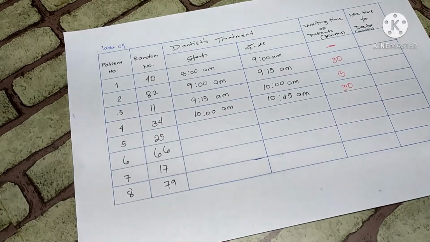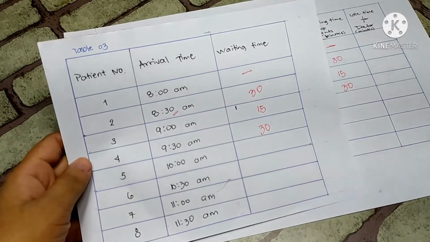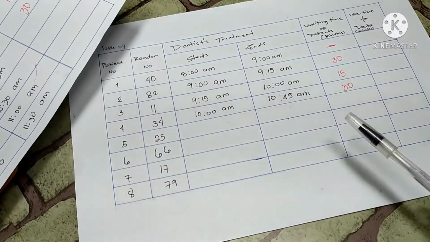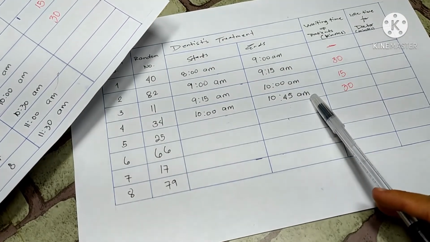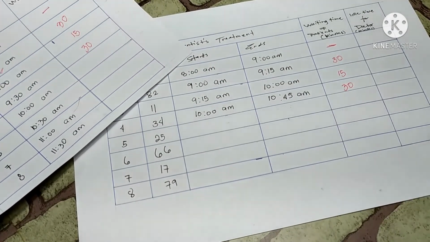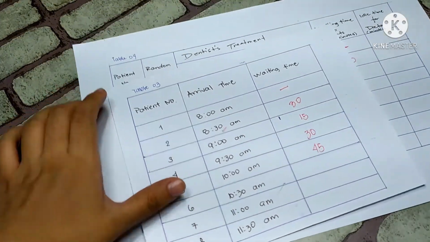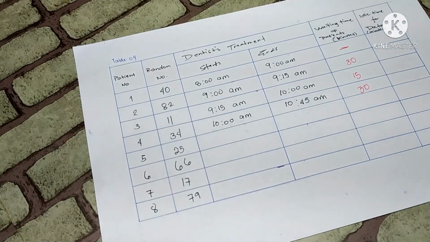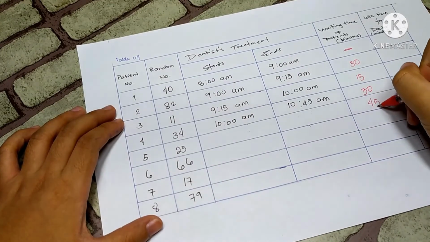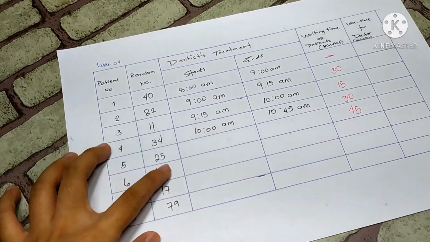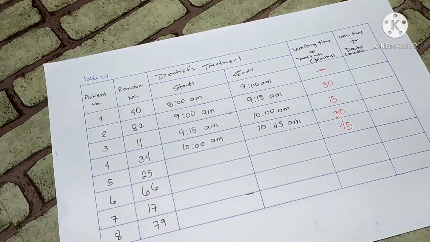So, si patient 5, arrival time at 10 o'clock a.m. And natapos si patient 4 at 10:45. So, magkakaroon siya ng 45 minutes waiting time. And this is patient number 5, random number 25.